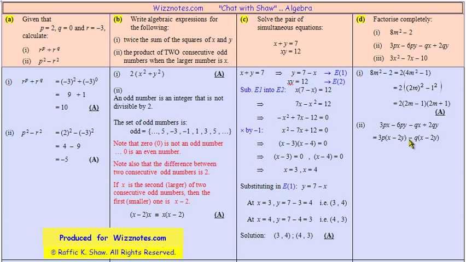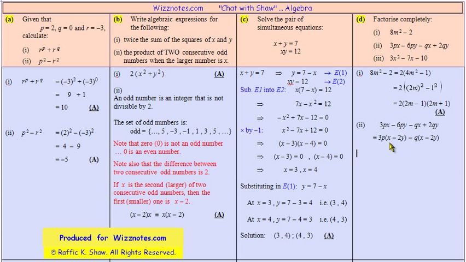And then we can check the expansion, because negative q times x is negative qx, and negative q multiplied by negative 2y is positive, because negative multiplied by a negative is giving us back a positive here. So this factorization is correct.